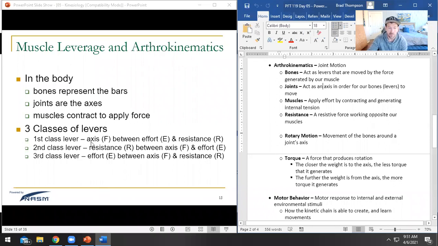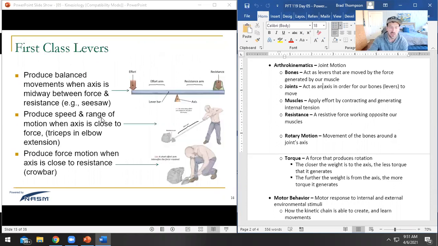Your bones are the bars, that's the lever. Your joints are the axis or the fulcrum, that's the pivot point. And your muscles are applying force against a resistive force. So there are 2 types of force: the muscle generating force and the resistive force.